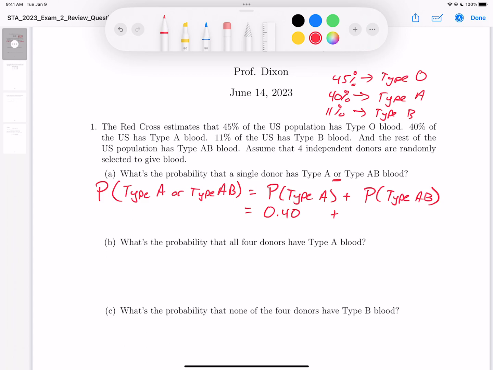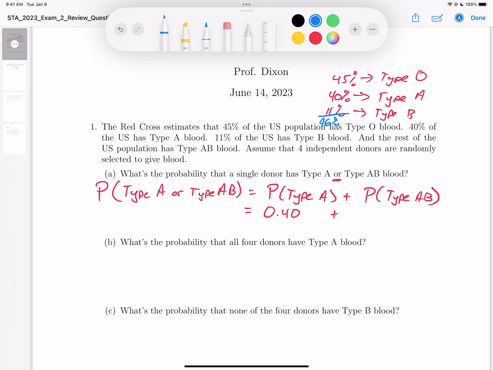So what is type AB? Well, assuming that these are all the possible blood types that a person can have, 45% plus 40%, that's 85%, plus 11% is 96%. So this adds up to be 96%, which means what's left over out of 100%? 4%.